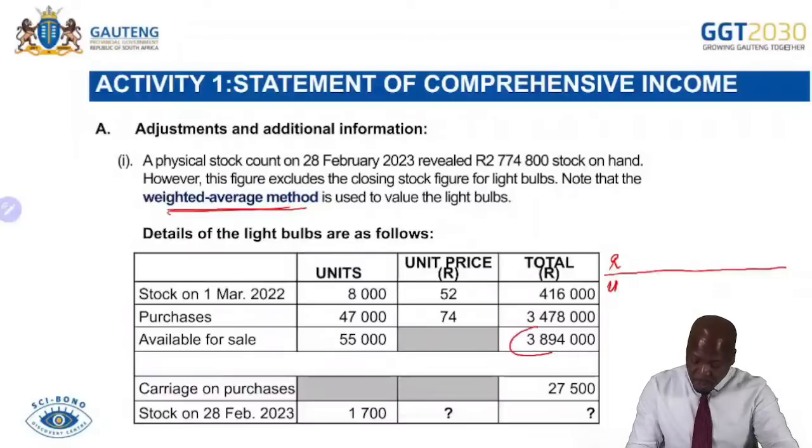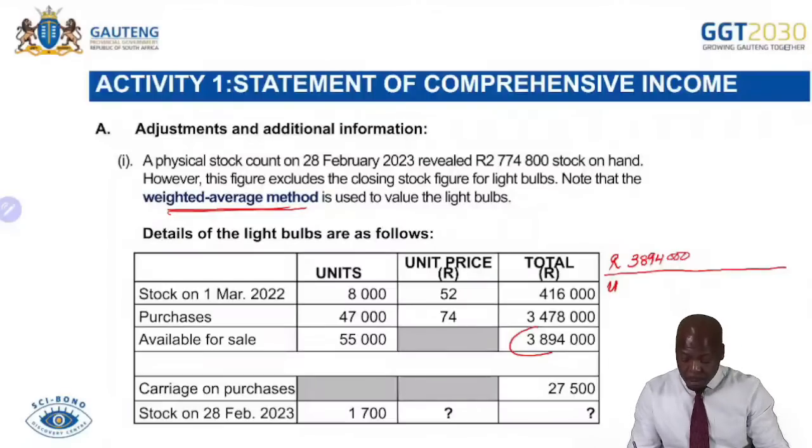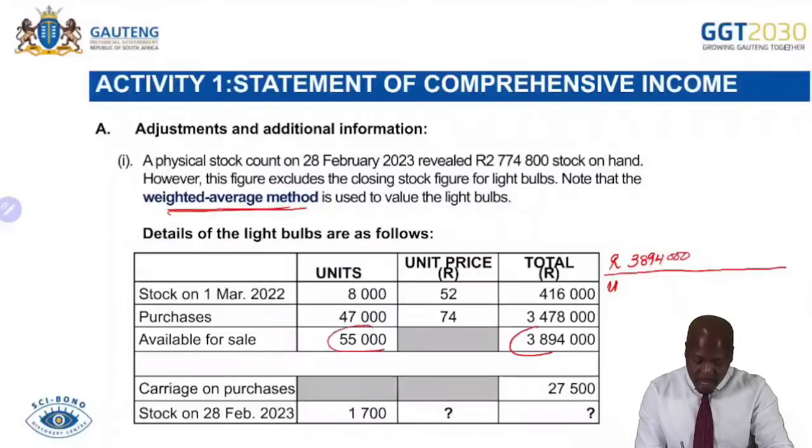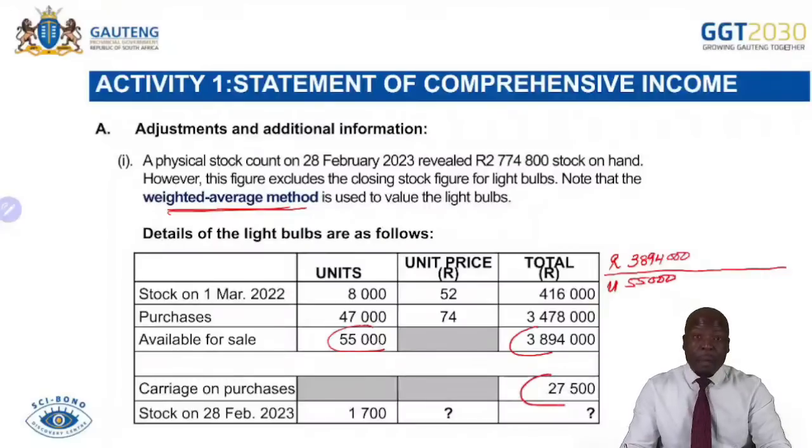So I'll say over my rands, I have my 3,894,000. This is my goods available for sale. The number of units that relates to this 3 million is this 55,000. So I'll come to the bottom and say 55,000. And then I also see that there is carriage on purchases which needs to be added.